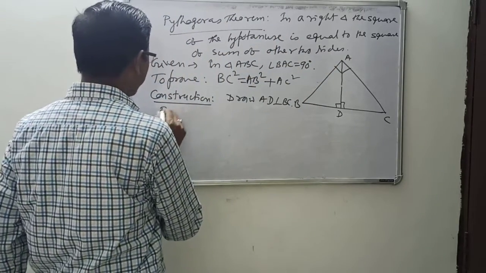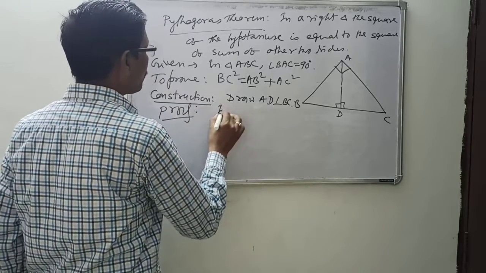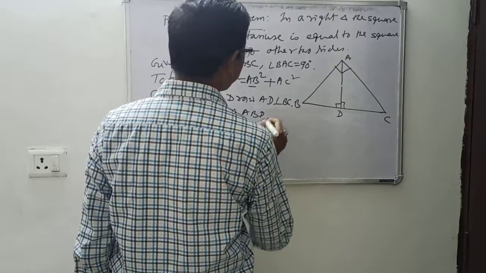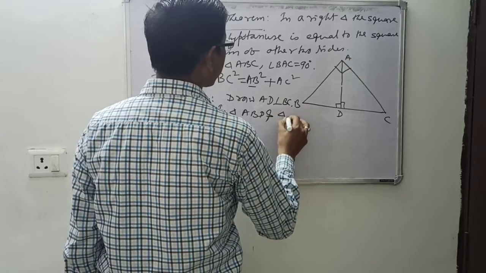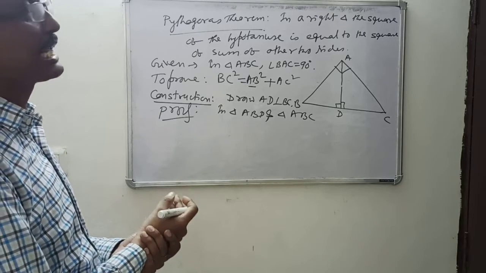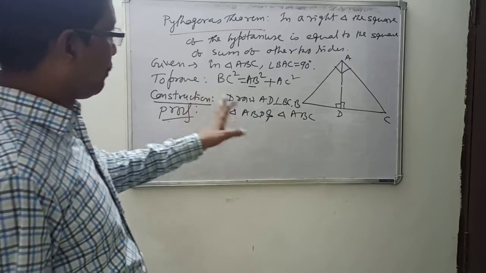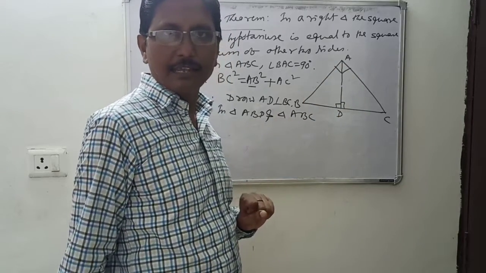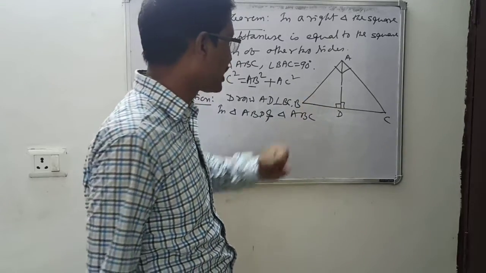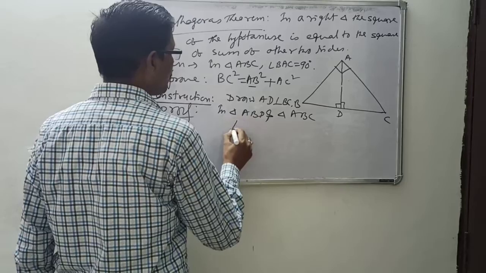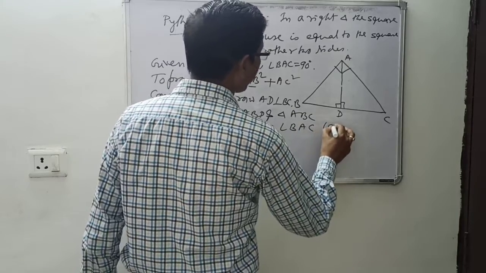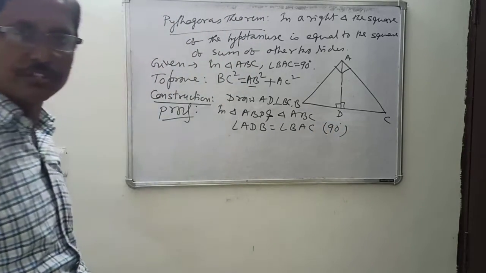One triangle with AB as a side is ABD, and another triangle with AB as a side is triangle ABC. Now see, in these two triangles, which angles are equal? In the whole triangle ABC, angle A is 90 degrees, and we drew AD perpendicular to BC, so angle D is also 90 degrees. So angle ADB is equal to angle BAC, because each is 90 degrees.